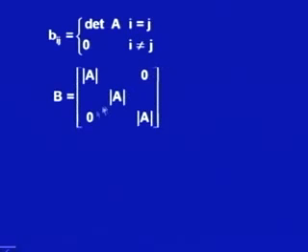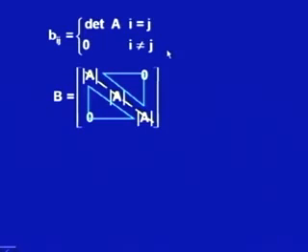By this I mean to say that the matrix B will look like this, where determinant A will appear in the diagonal because for all the diagonal elements i is equal to j, and all the elements lying on the upper side of the diagonal or on the lower side of the diagonal are 0, because these are the elements where i is not equal to j. So, basically B is a diagonal matrix.